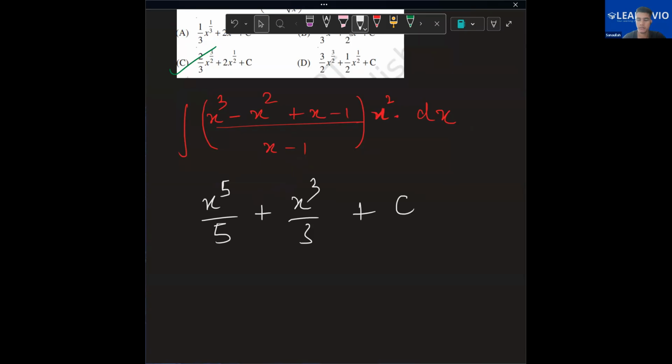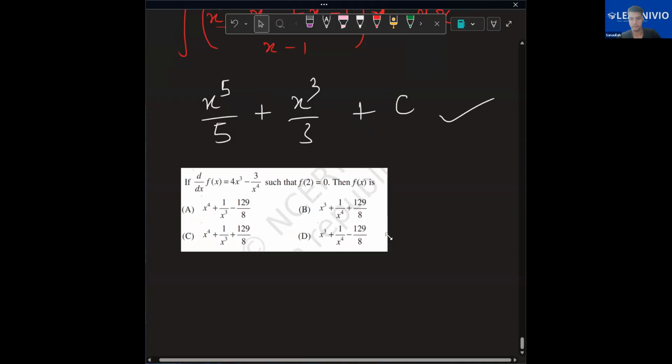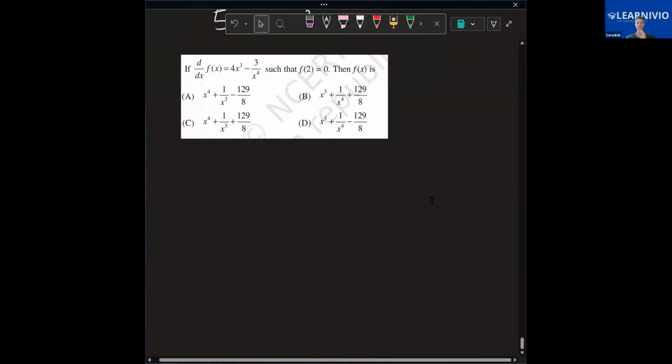Plus c. Got it. But try this first. So easy.